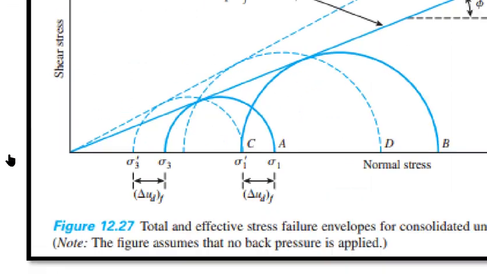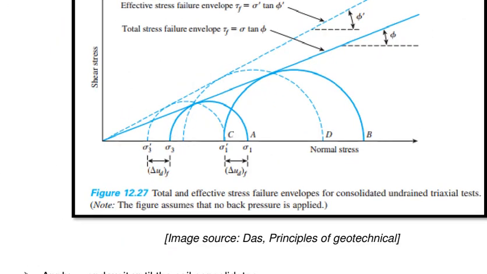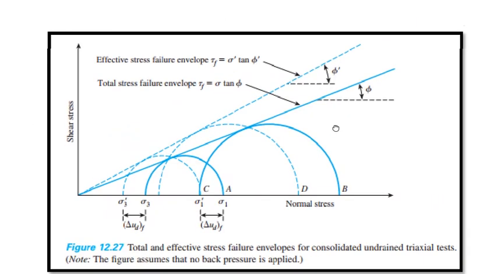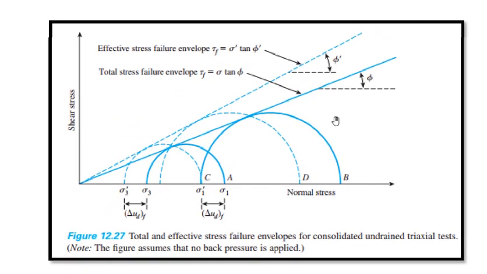So we have here the Mohr circles of our CU test. We have here the sigma 3 for the first specimen.